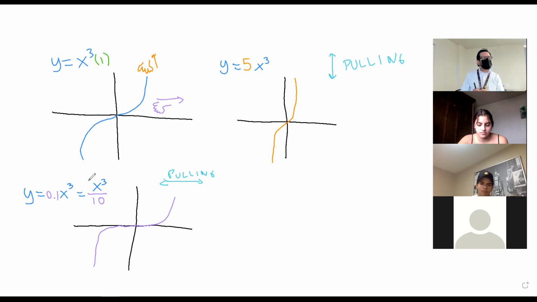And if you divide or multiply by a fraction, it will get flatter. Yes, correct.